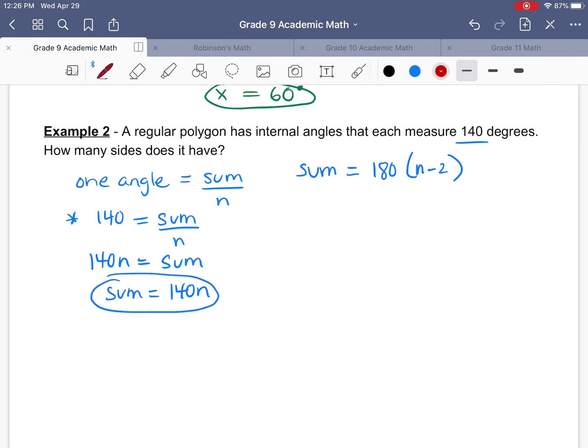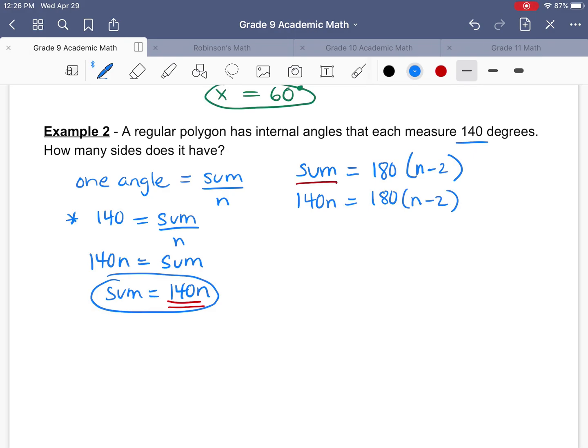So now we can take this 140n and put it into our sum equation. So we end up with 140n is equal to 180 times n minus 2. We only have one variable here, which is n, so we should be able to solve for n.